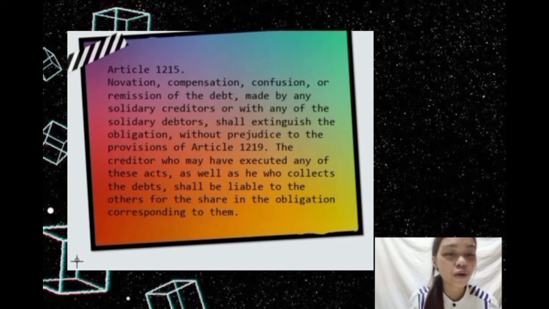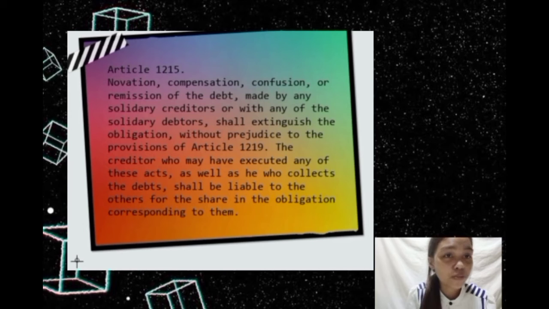In partial compensation, the other creditors who have not caused the compensation shall have the right to reimbursement to the extent that their rights are diminished or affected.